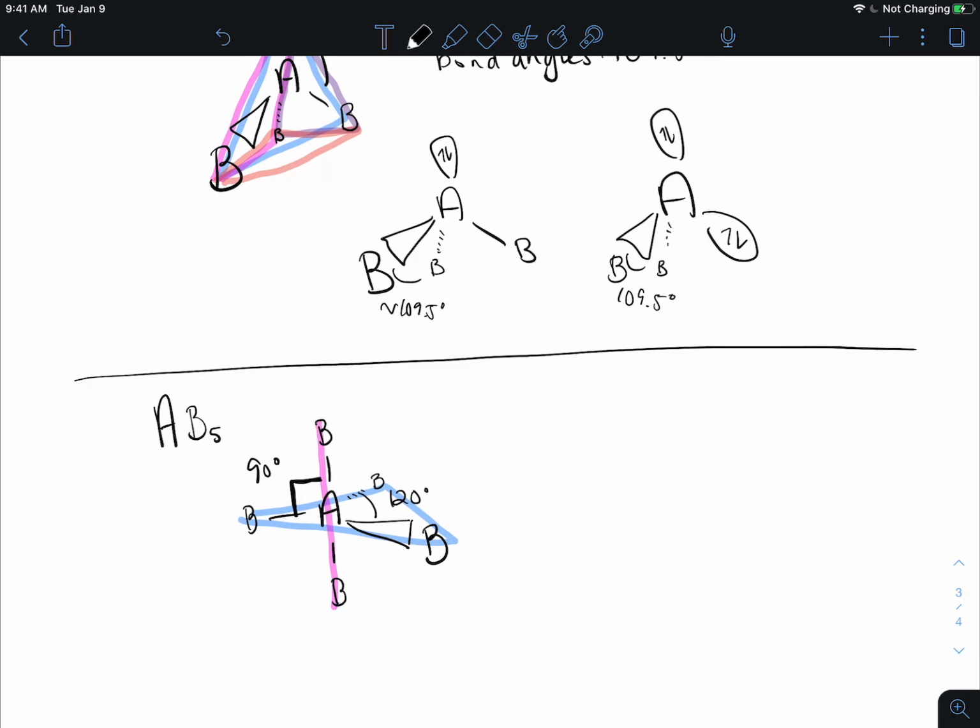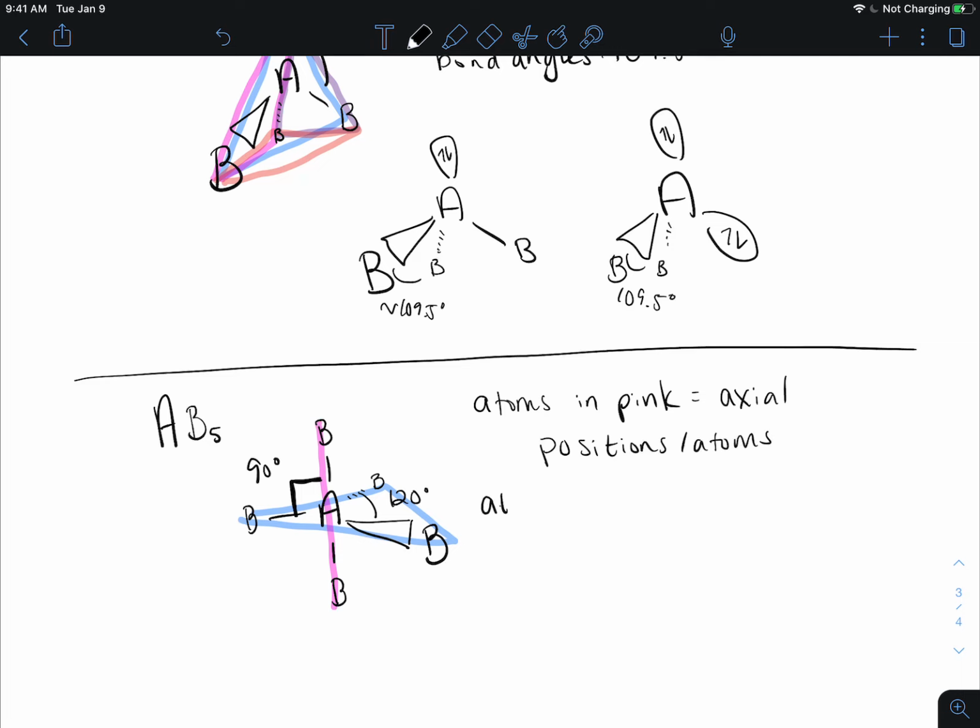So we don't really think about it as a bond angle quite as much, but those are 180 degrees from each other. Okay, so the atoms in pink are going to be axial. These are axial positions, or atoms.